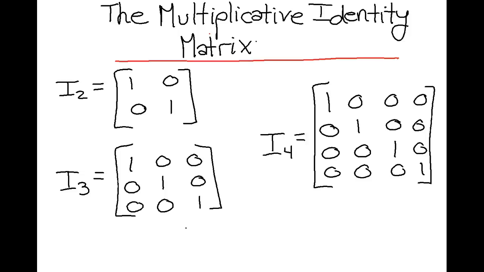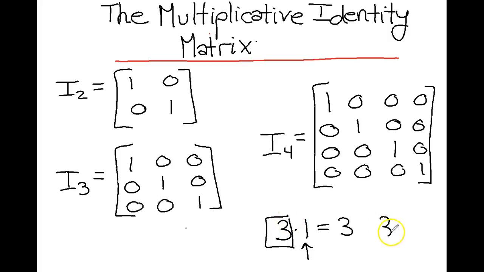In this video, we're going to take a look at the multiplicative identity matrix in matrix multiplication. As with regular old multiplication, our multiplicative identity is the number 1, because when we multiply by the number 1, it does not change our multiplier at all.